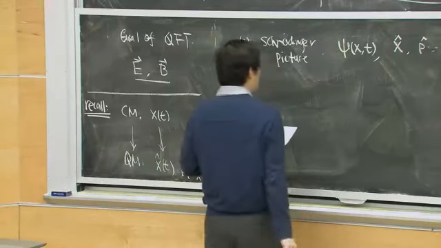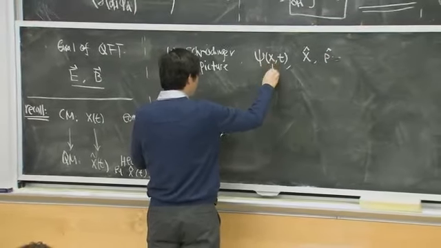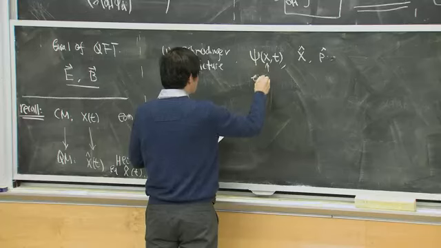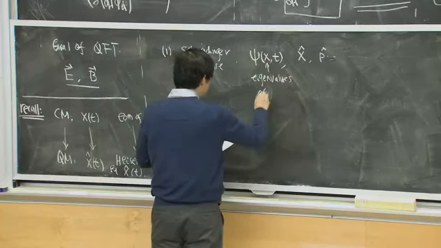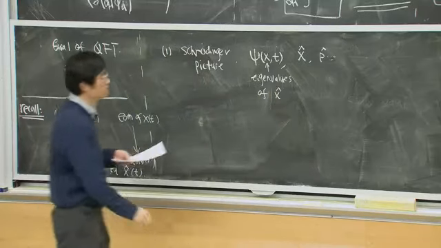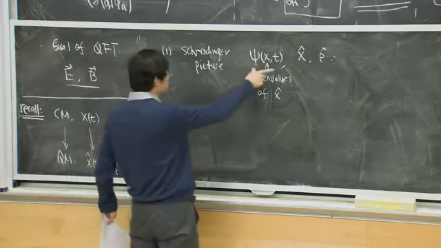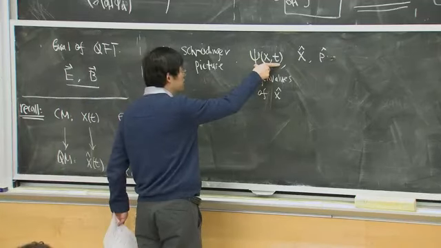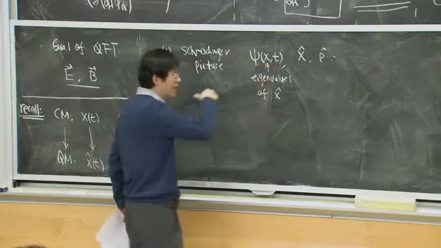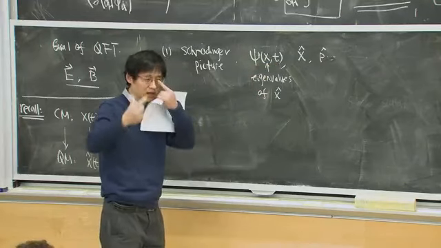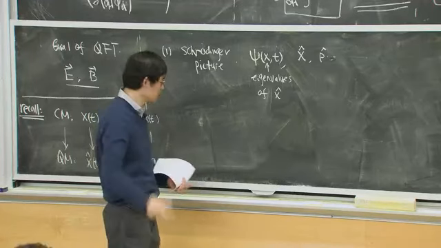The wave function is a function of the eigenvalues of this operator x hat. In the Schrodinger picture, you solve the equation for psi, and once you find psi, you can calculate any quantities you want: any expectation values, any amplitude, etc.